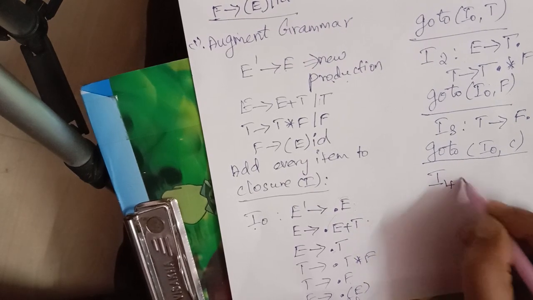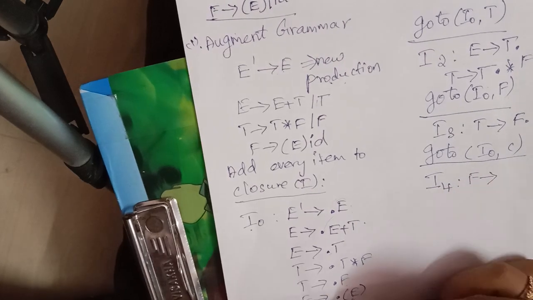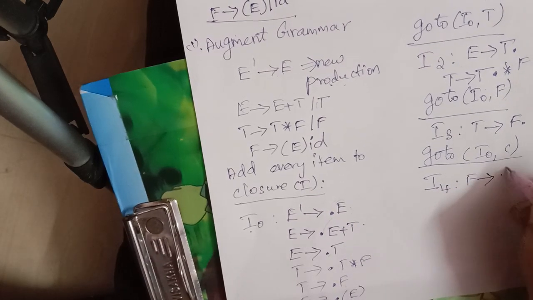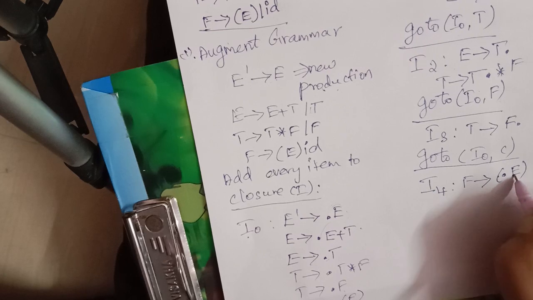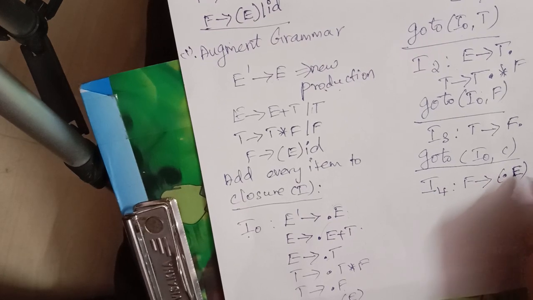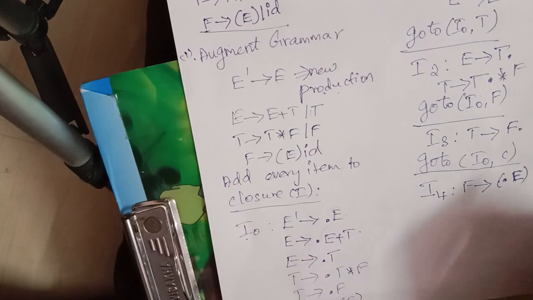I'll be having a new item set I4, F tends to, so this dot will come here, dot E. Now if you see, after the dot I have a production where I can find the closure.